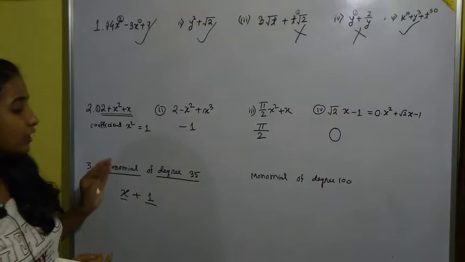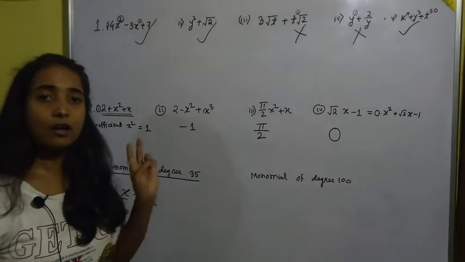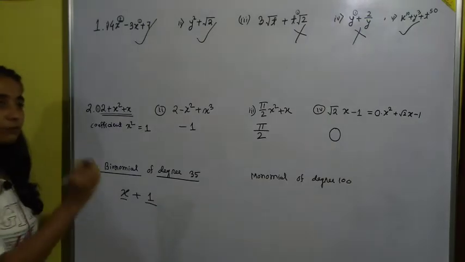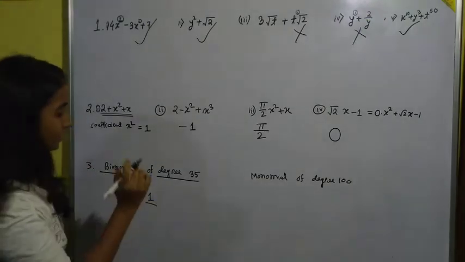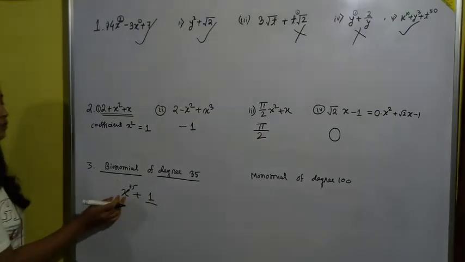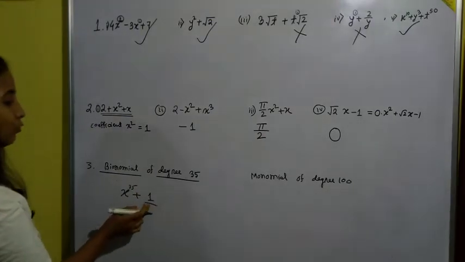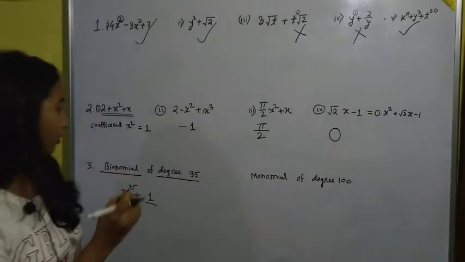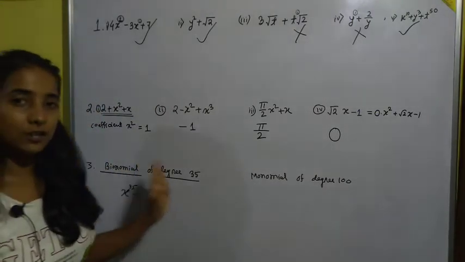But we have to give an example of a binomial of degree 35. That means the power of the variable should be 35. So x to the power 35 plus 1 is an example of a polynomial which is a binomial of degree 35.